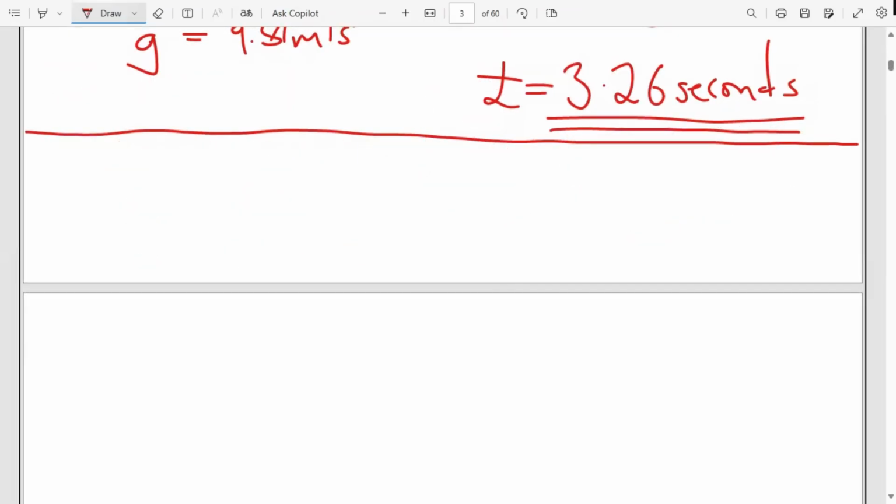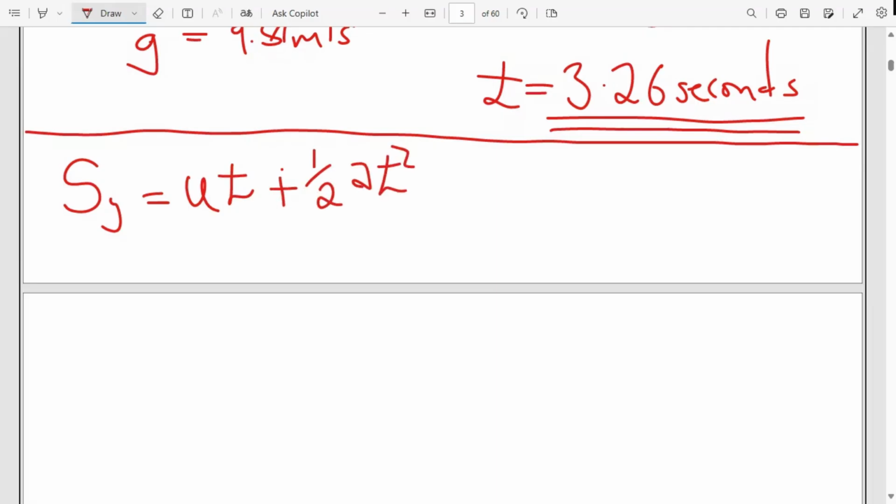Displacement in the y is equal to ut plus half at squared. But initially this dummy is launched up, which means it is traveling against the acceleration due to gravity. So displacement in the y will be equal to ut minus half at squared.